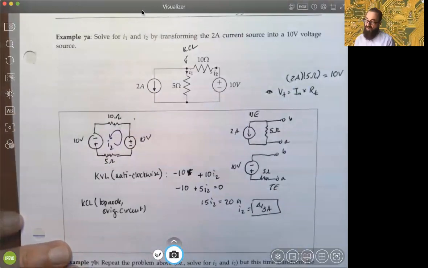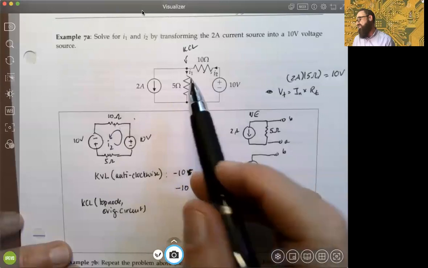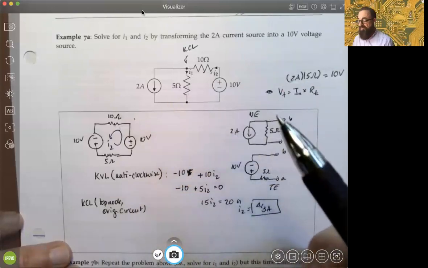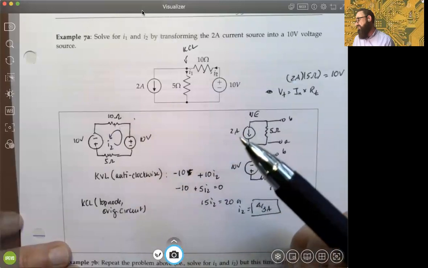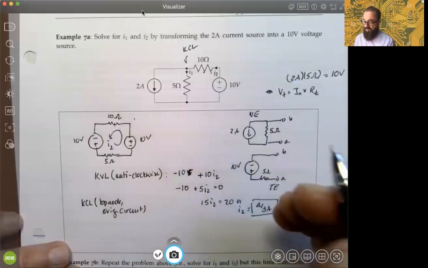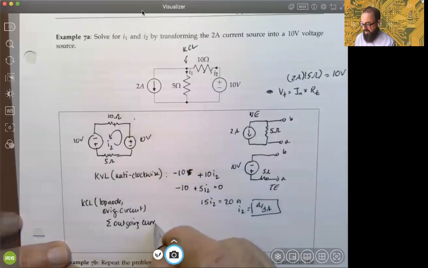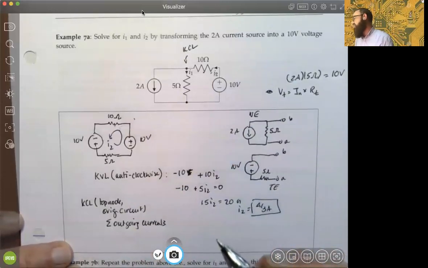We could represent them as outgoing or incoming. It doesn't really matter. Let's just for once represent them as the sum of outgoing. Sometimes it's helpful to make a mention of how we're doing it and how we're representing it.